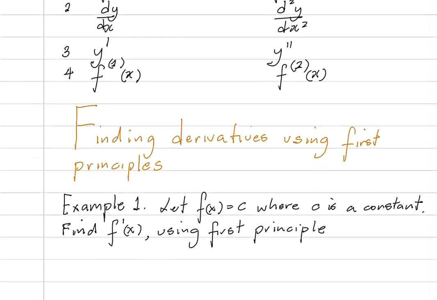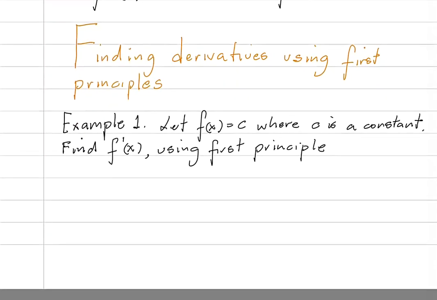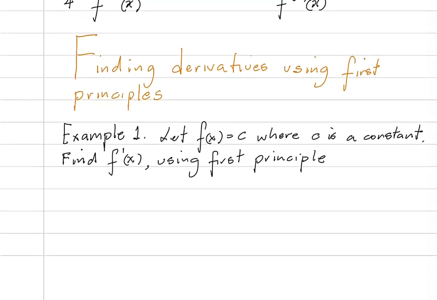Now let's have a look at finding derivatives using first principles. That's another way of saying finding the derivative or the gradient function using the definition. Let f of x be equal to c, where c is a constant.